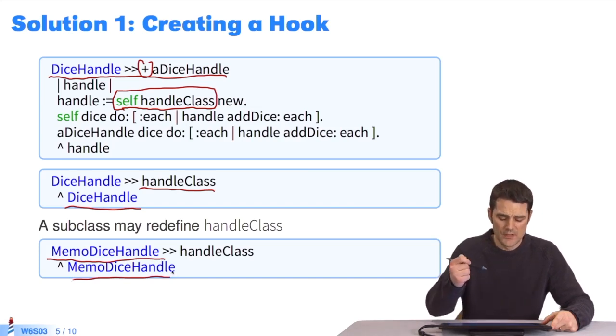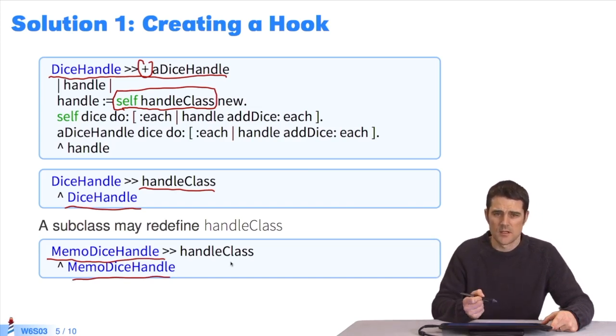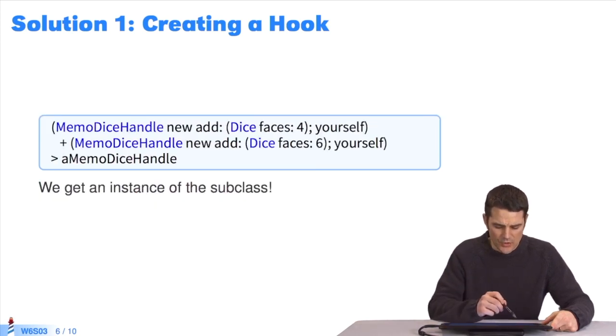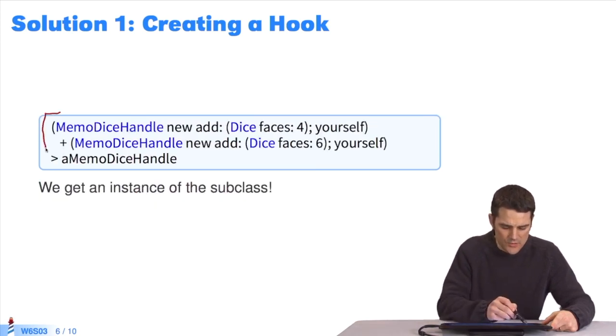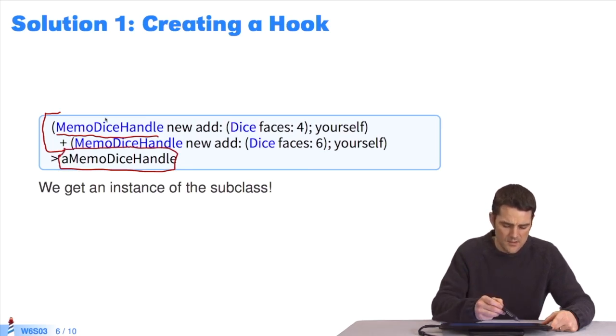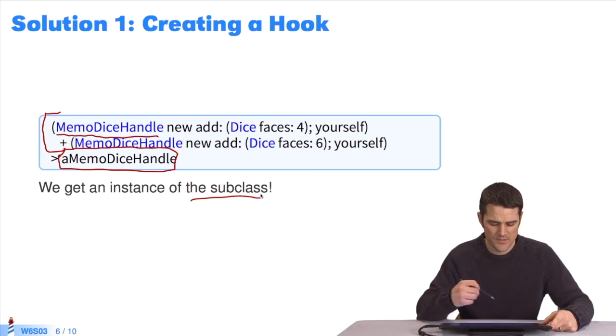So by simply redefining the handle class method, we obtain the correct instance when we add elements. If we execute the same code using memo dice handle instead, we get an instance of memo dice handle because I redefined the handle class method. In the memo dice handle class, we got an instance of the subclass, so we attained our objective.